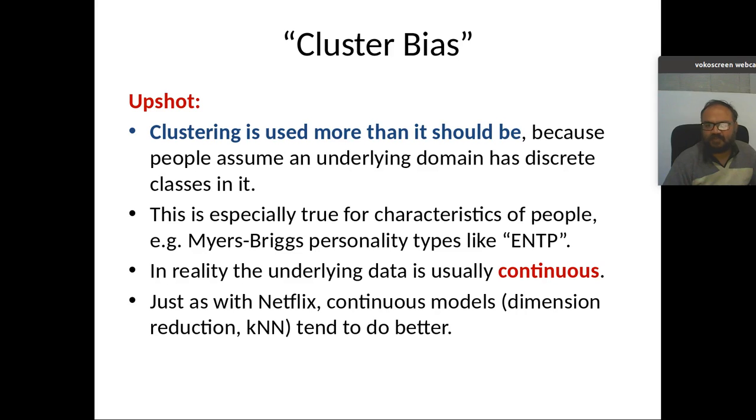So as humans, we usually tend to put people in different categories on different personality types, where the personality type or the qualities of people could be a continuous number or a continuous value. So just as with Netflix, continuous model can be used, where we can use dimension reduction or KNN, and they would perform better in real life.